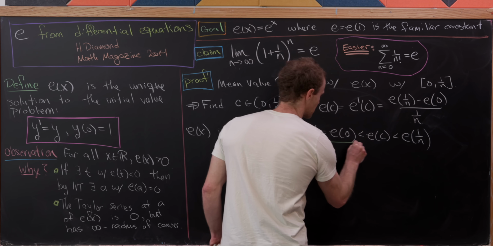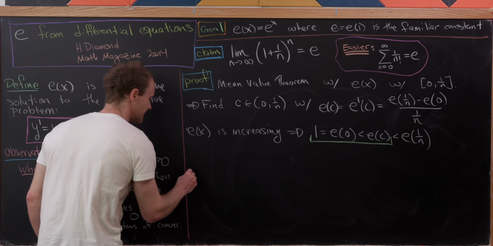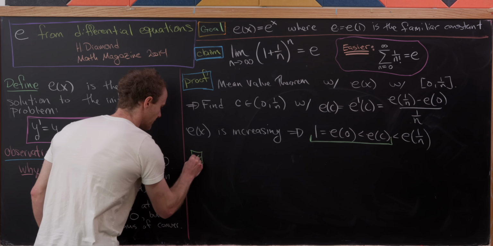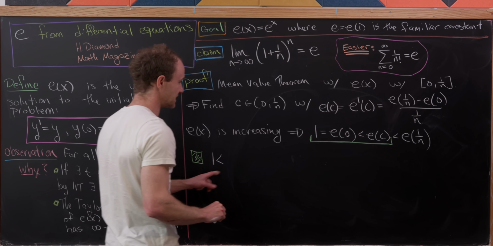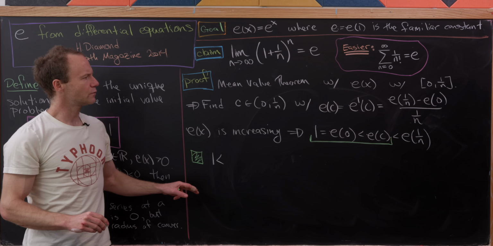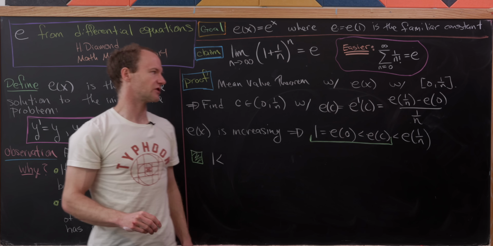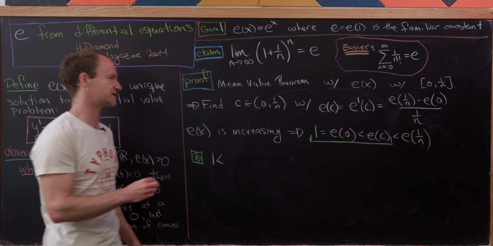And now from here, what we're going to do is exploit both halves of this inequality, and I'm going to color code them. The first half is going to be color coded with this green underline bracket. Observe that we're going to have 1 is less than E of c. But we know that E of c, by the mean value theorem, is equal to that stuff right there. That's how we in fact chose c.